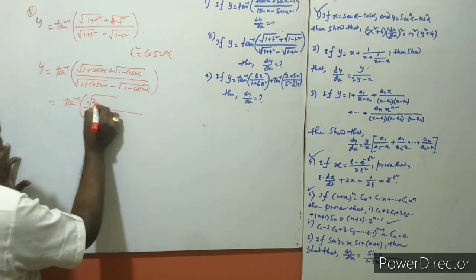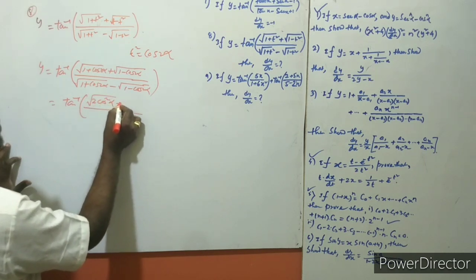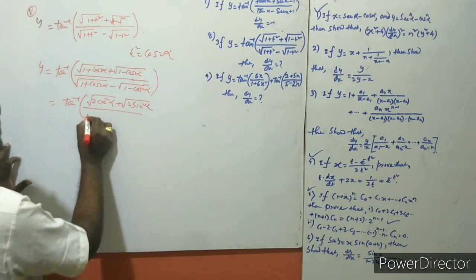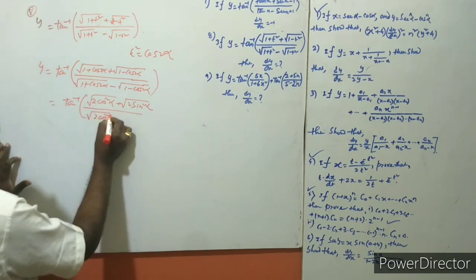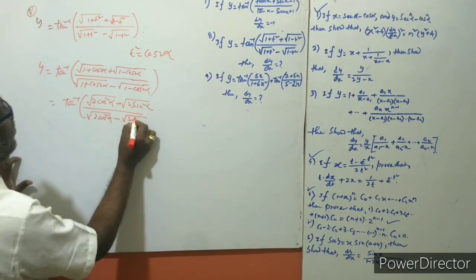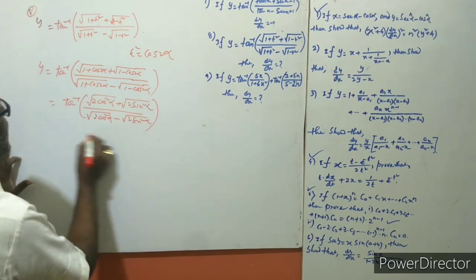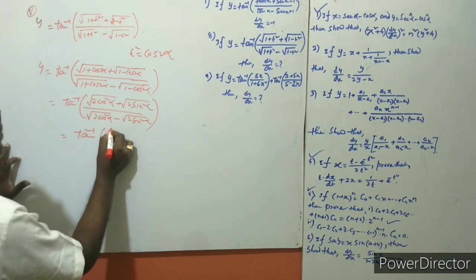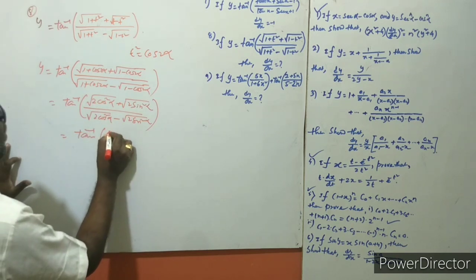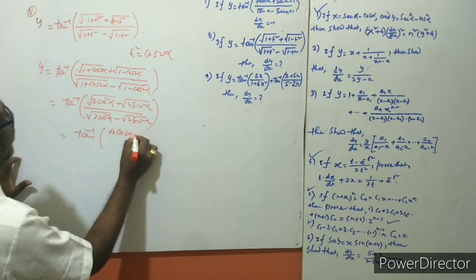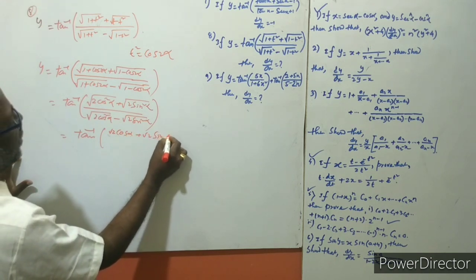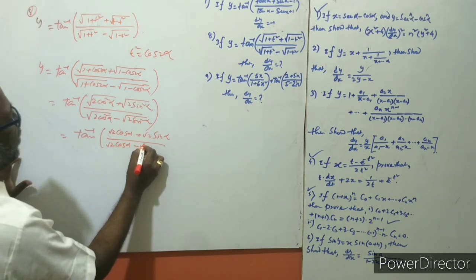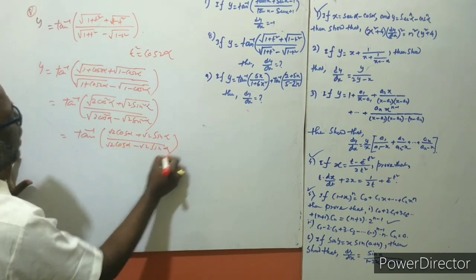So see, 2 cos square alpha, 2 sin square alpha, 2 cos square alpha, 2 sin square alpha. Tan inverse, okay, and this is root 2 cos alpha plus root 2 sin alpha, by root 2 cos alpha minus root 2 sin alpha.